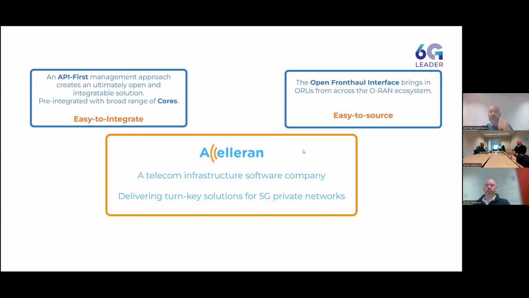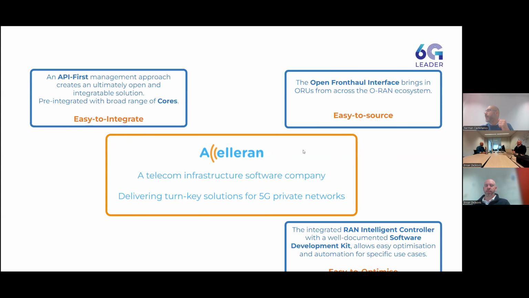Then we have the open fronthaul interface that is able to bring the information that we need either from our users or from the environment to the O-RAN ecosystem. So we have the information and the metrics that we need to implement.